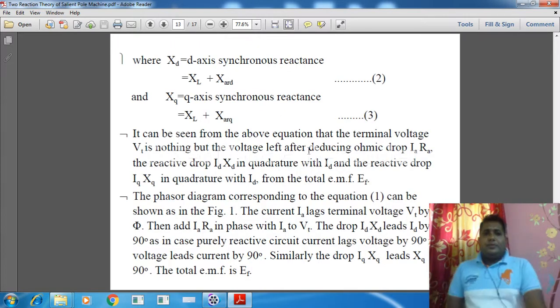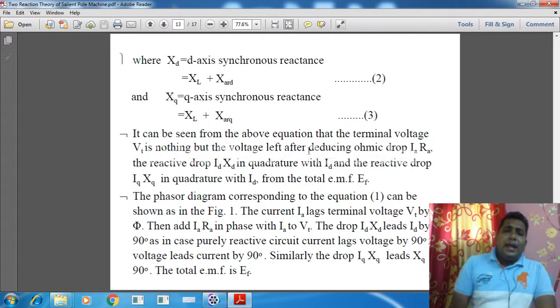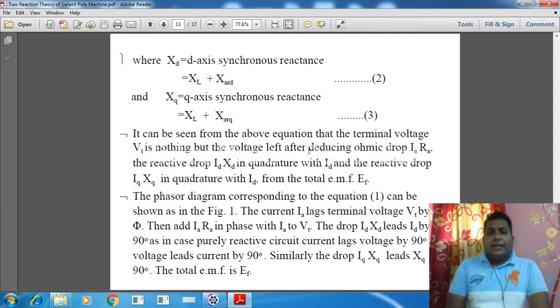Here we are simplifying that equation, where we have written that Xd is equal to Xl plus Xad, and Xq is equal to Xl plus Xaq.